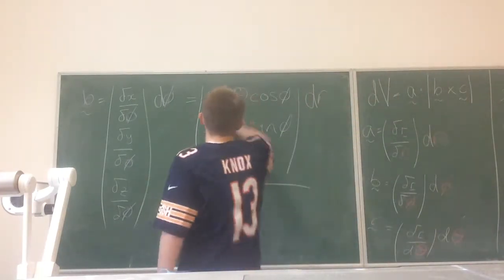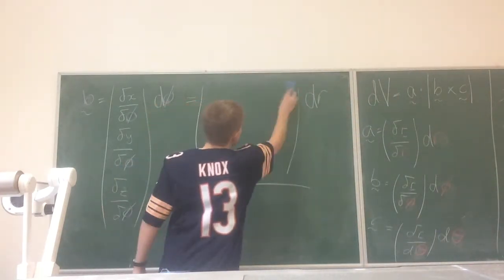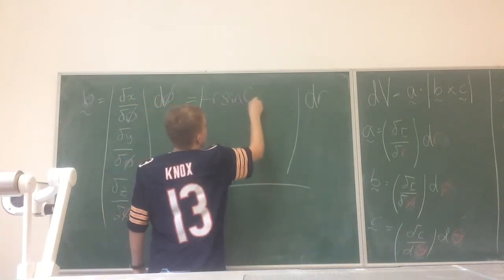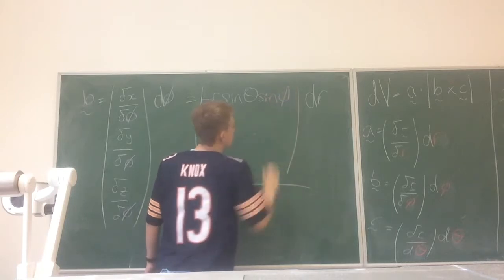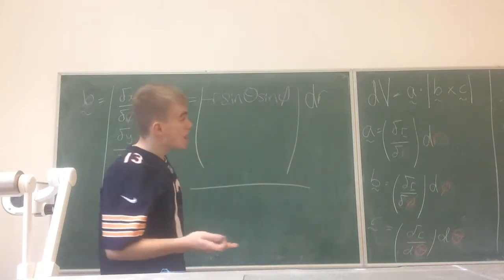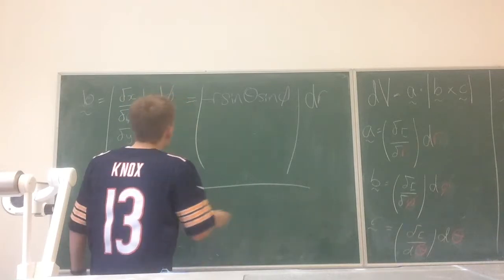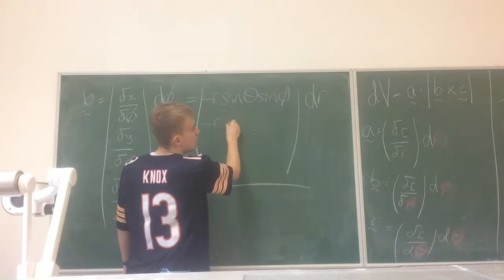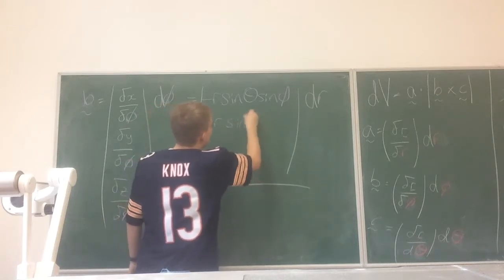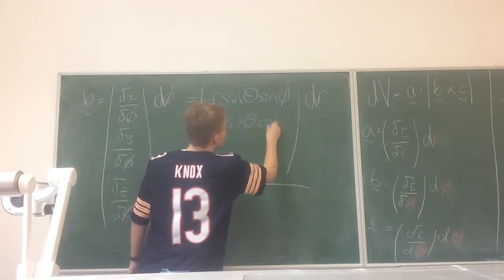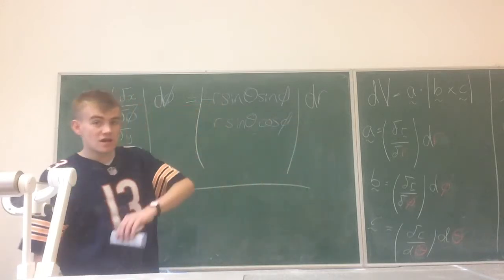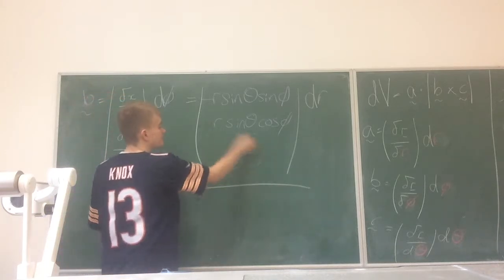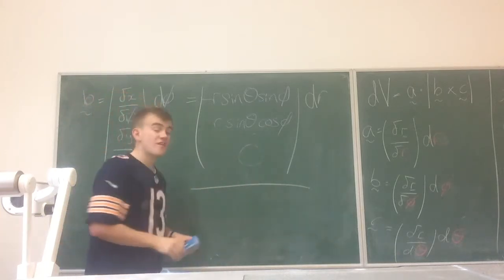So, when we differentiate x with respect to phi, we get minus r sine theta sine phi. All we've done is change cos phi to minus sine phi. When we differentiate y with respect to phi, we get minus r. No, we don't. Sorry, we get plus r sine theta cos phi. It's not negative because when we differentiate sine, we just get positive cos. And z with respect to phi is quite pleasingly 0 because there's no phi dependency in the z term.